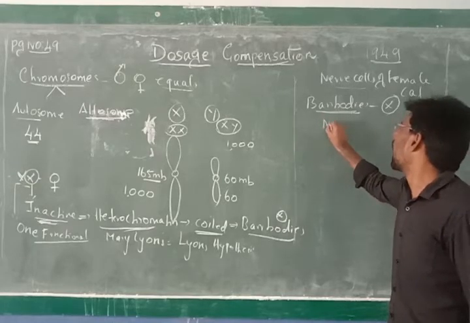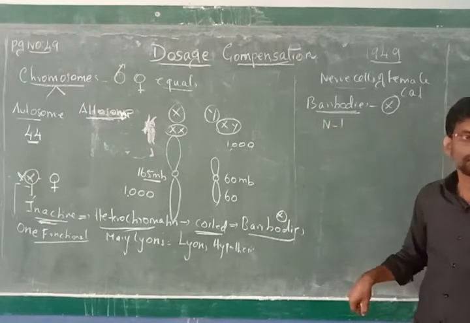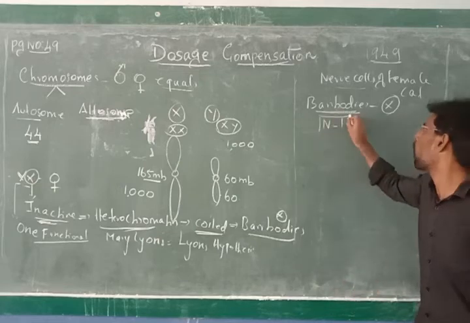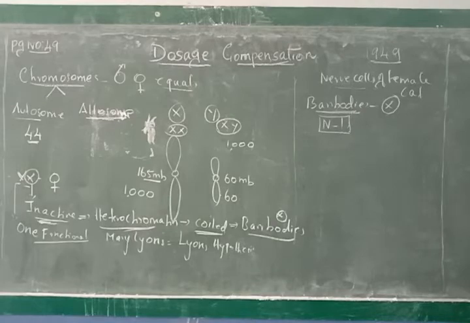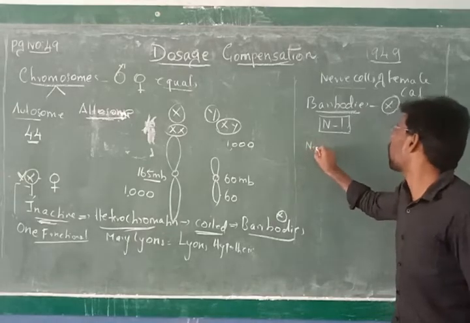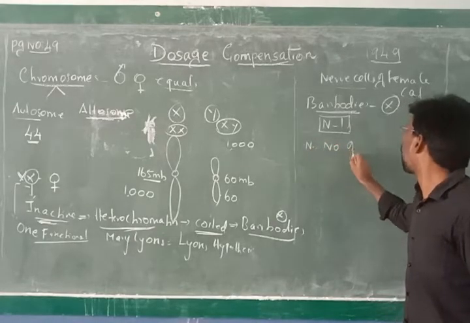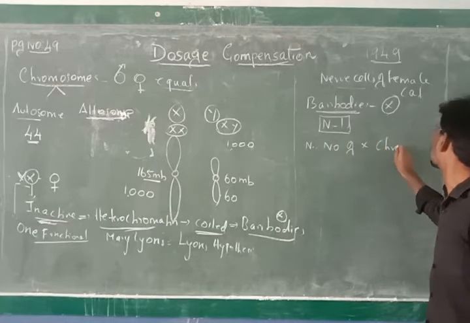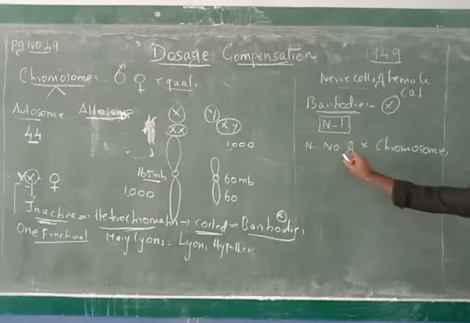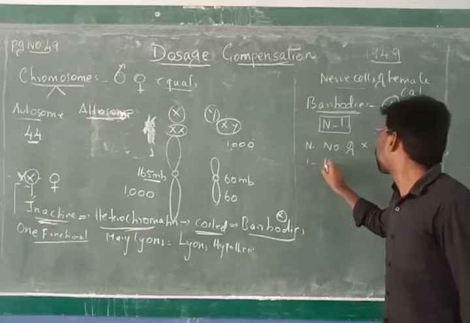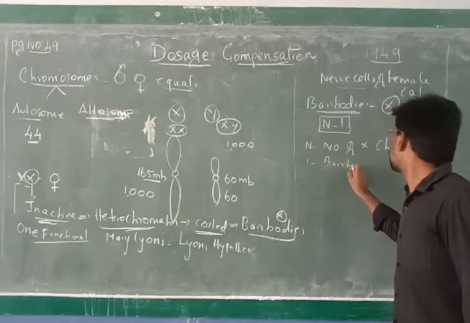That is n minus 1. This is the formula for calculating the Barr bodies. N minus 1. Here n is the number of X chromosomes present in each cell. N is for the number of X chromosomes and 1 is for the active one.